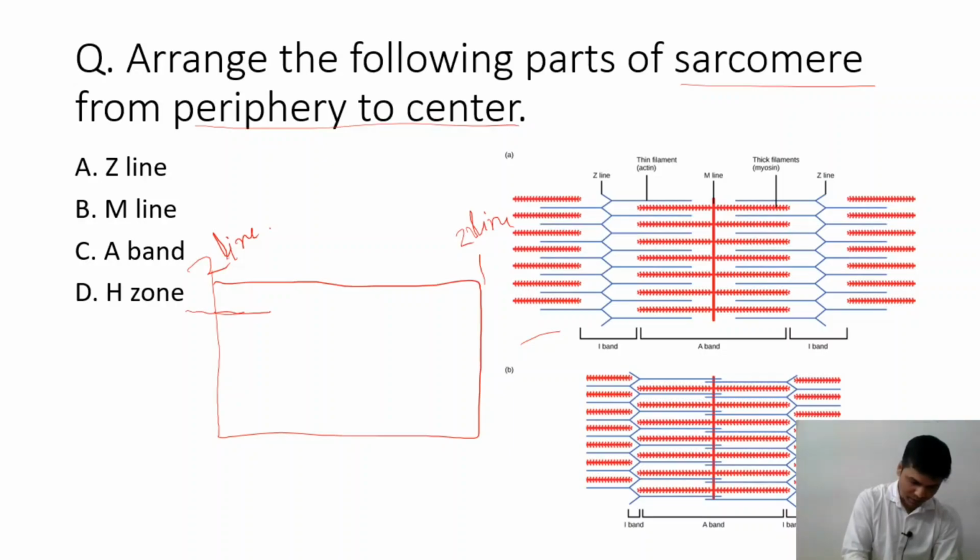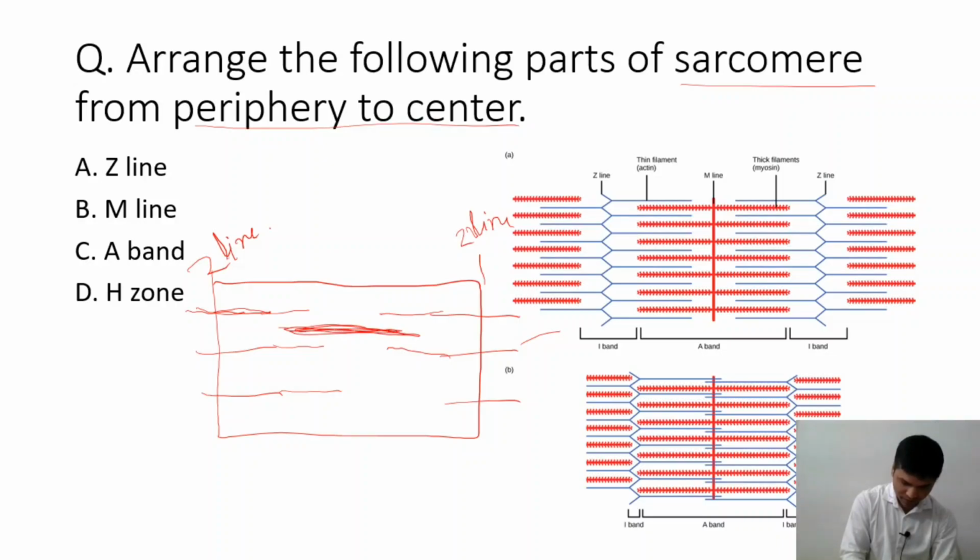This is the second sarcomere. So the thin filament is here, thin and thin. So here also one, two, and three. That is called actin. So this is actin, and in between the actin, this is the myosin.